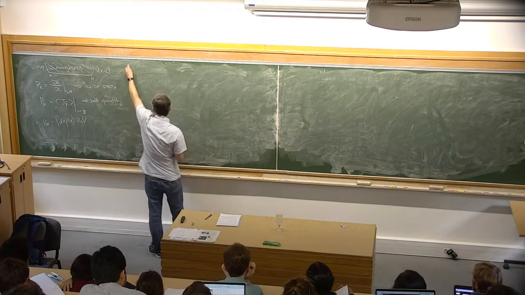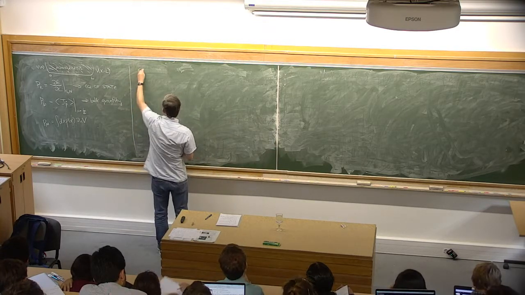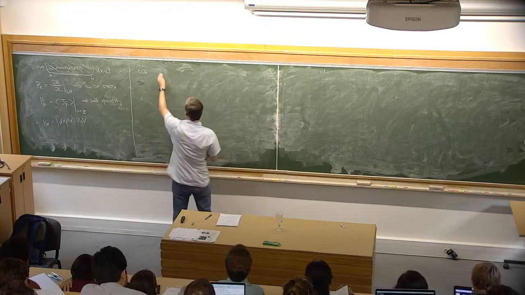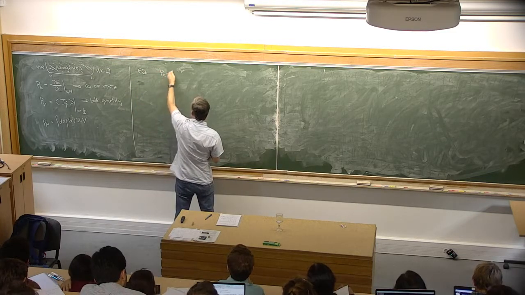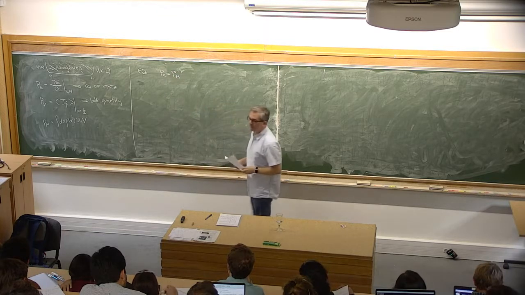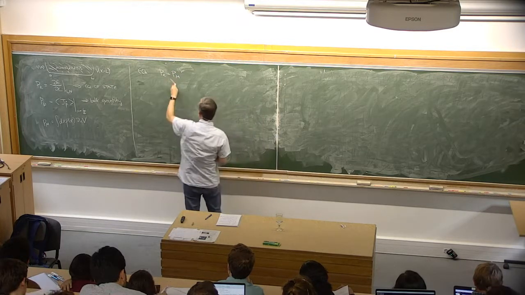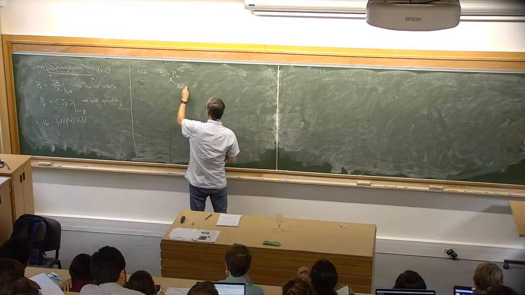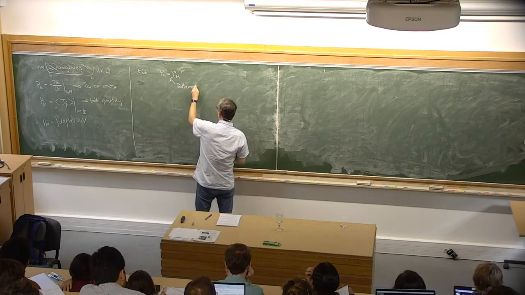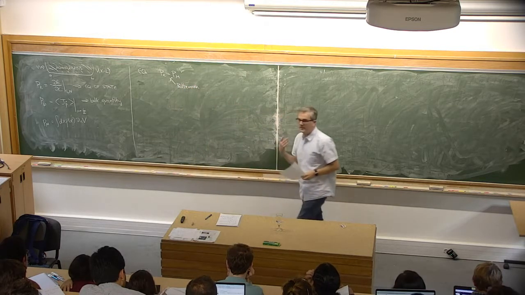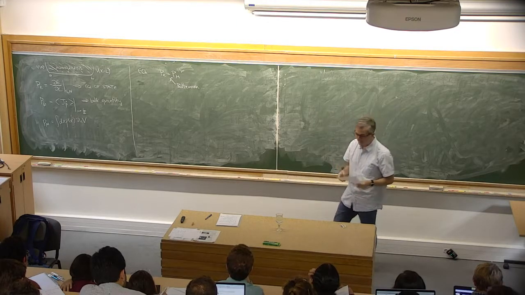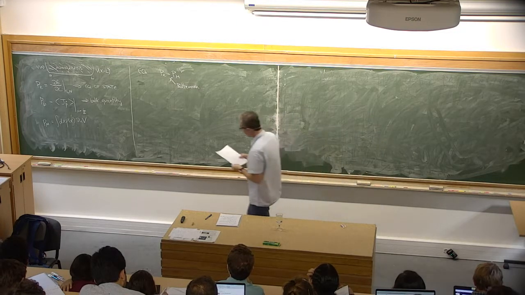What we saw was that in equilibrium, automatically P_E is equal to P_M, and the reason for that was the Boltzmann distribution. We used explicitly the Boltzmann weights.